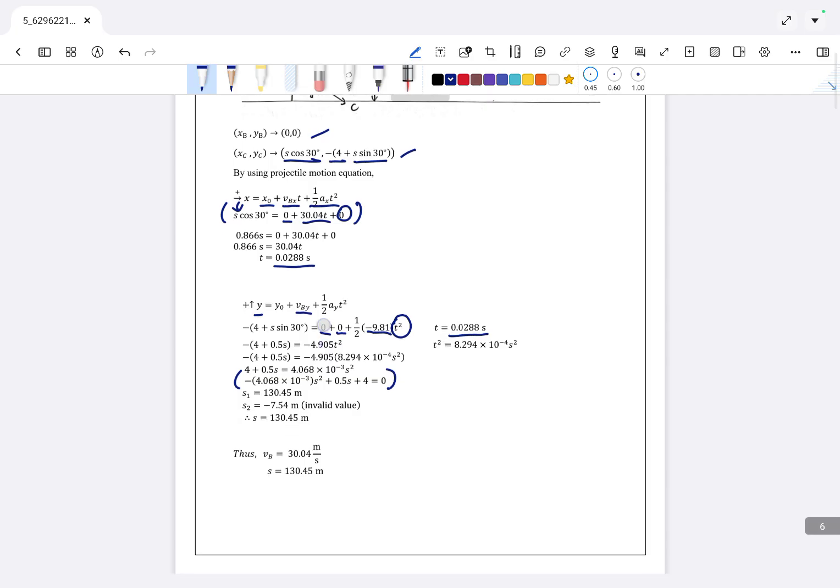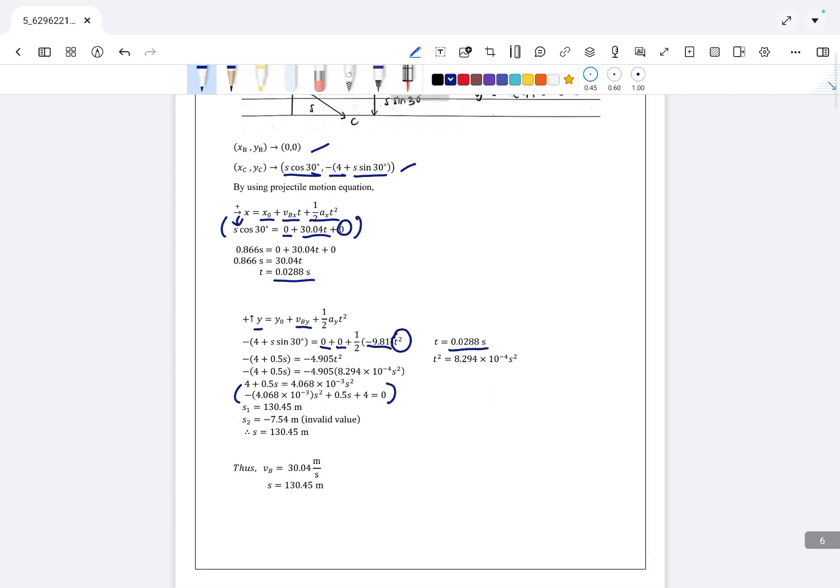After we substitute the t value in this equation, we will get a quadratic equation where we can find the s value. When we solve this quadratic equation, there will be two values of s. The first value is 130.45 meters and the other is negative 7.54 meters. Obviously, the negative value, negative 7.54 meters, is invalid, and we consider s equals 130.45 meters as our answer.